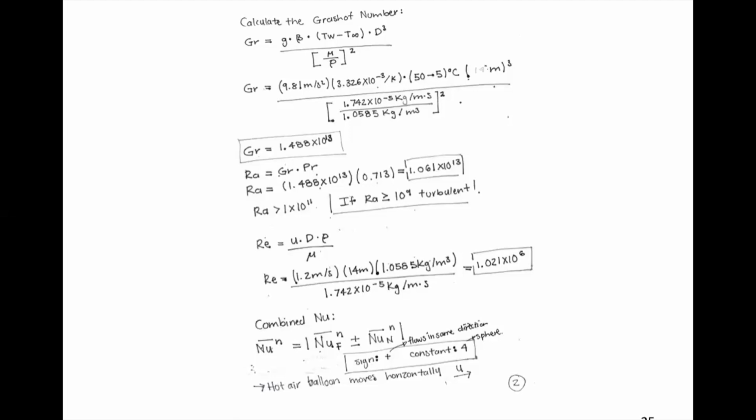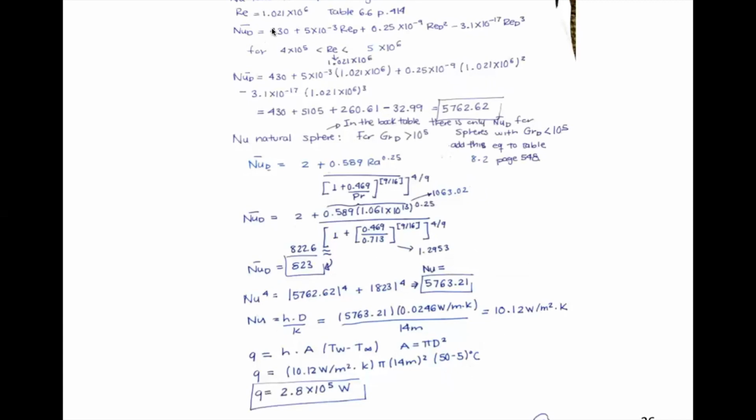I'm going to start with the Nusselt for a sphere in external convection. So I go to my table for forced convection, right? It's table 6.6, page 414.